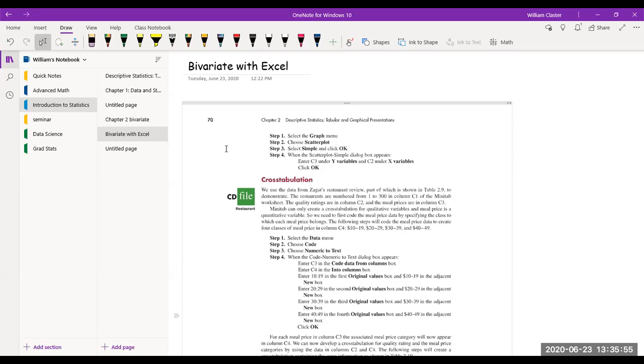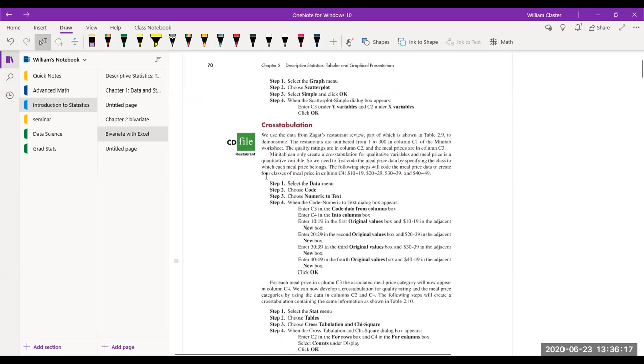And then we're often looking for relationships between the two variables, and we can look at it in a table. It's not quite as easy to see in a table.